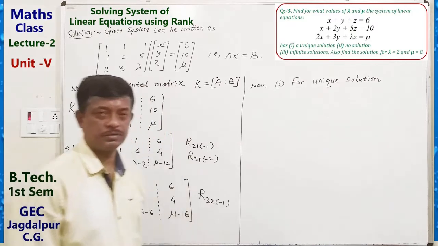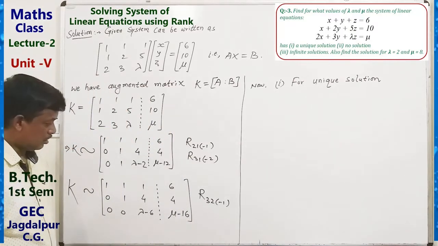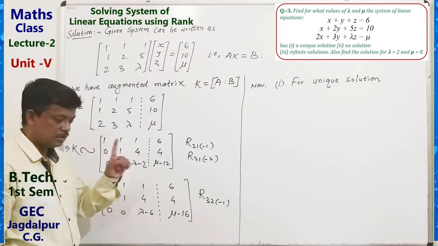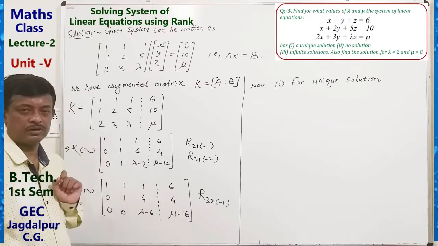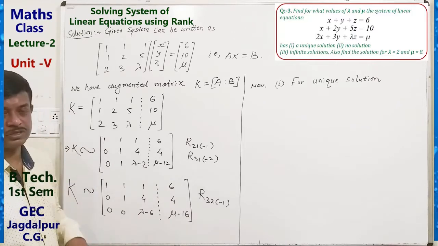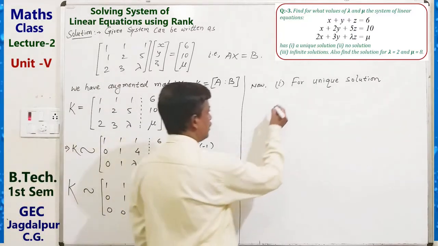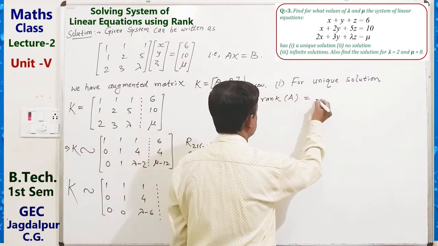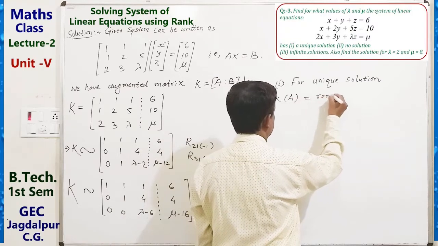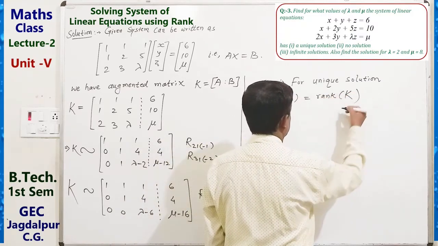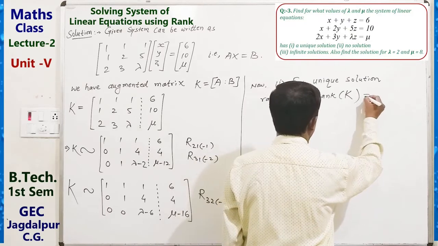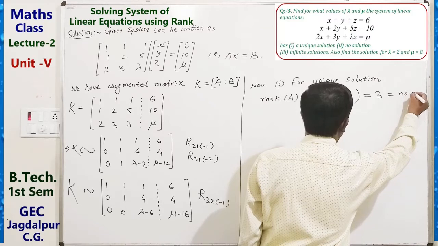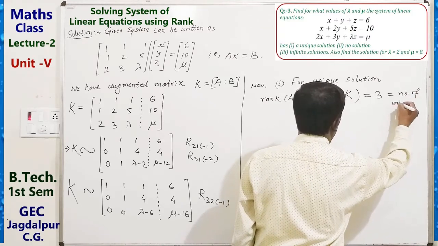For unique solution, rank of A is equal to rank of K equals 3, equals the number of unknowns.